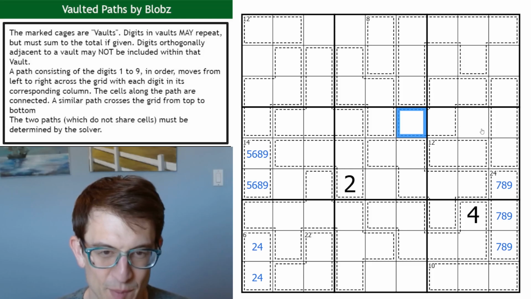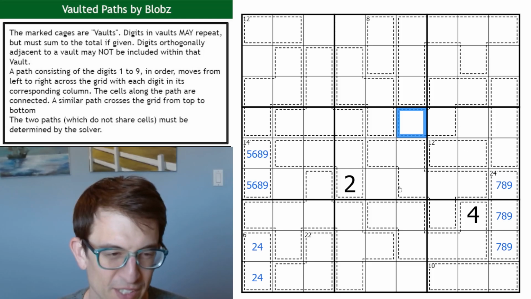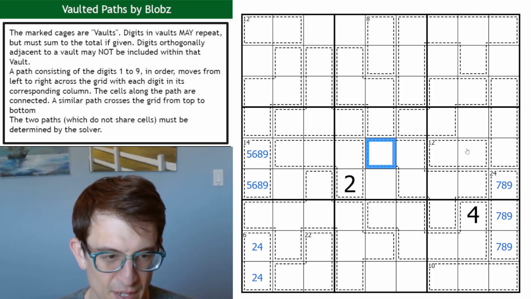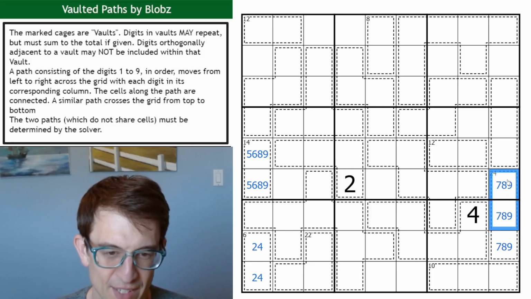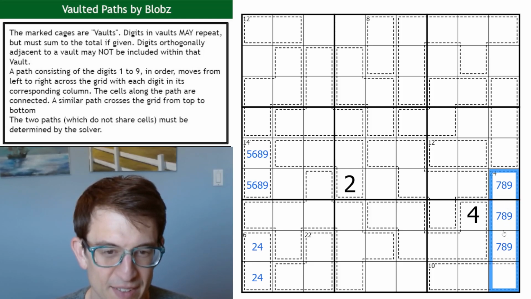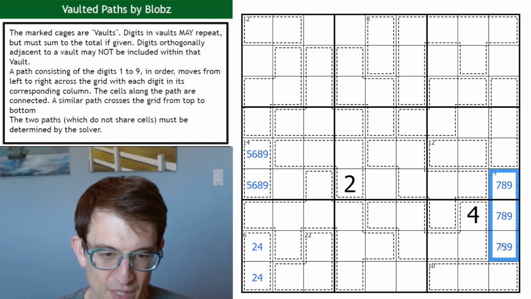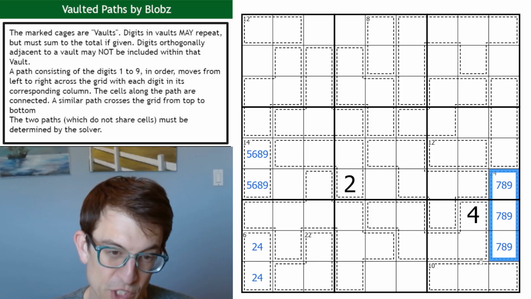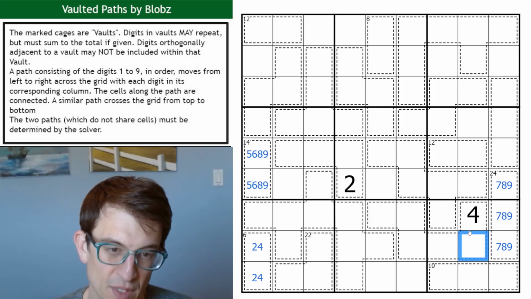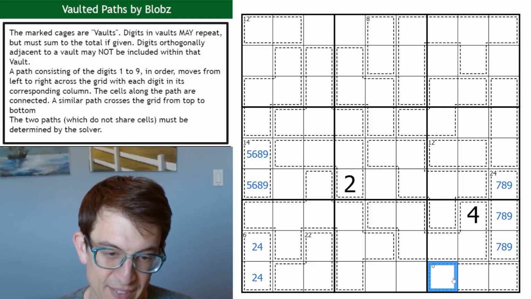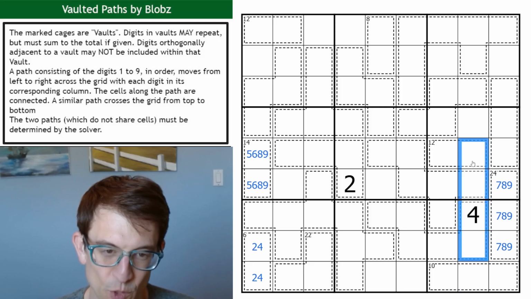It's hard to think about. Maybe I need to think about the paths. Like, yeah, okay. That is what I should have done. The 9 on the horizontal path starts here. And the 8, which can't go here, therefore, because it can't put an 8 in a 3-cell 10 cage, has to go in one of these.